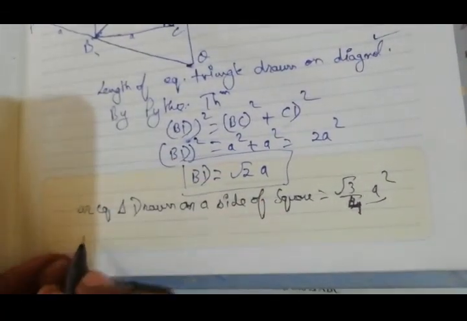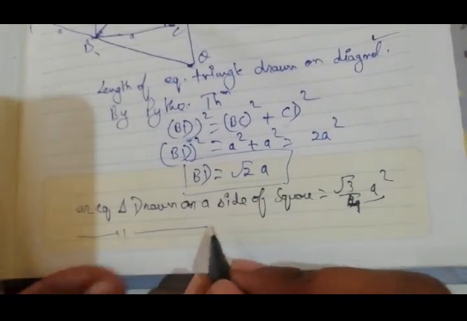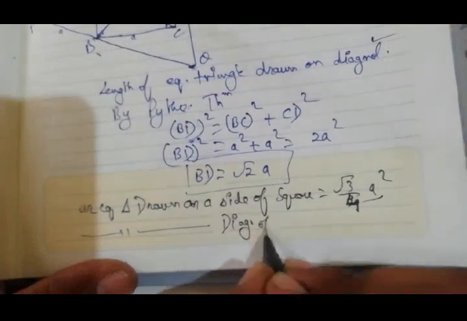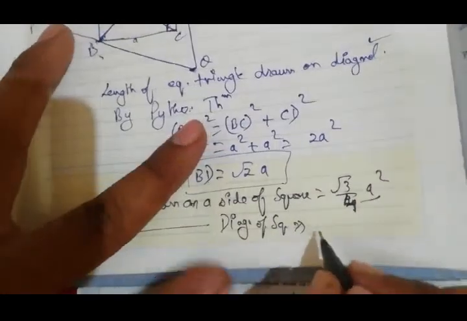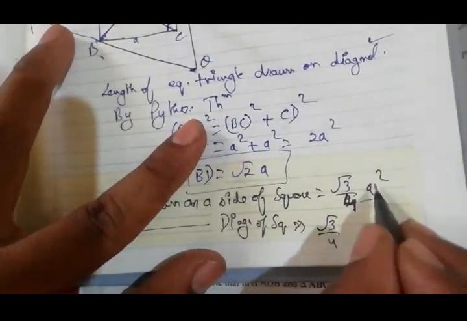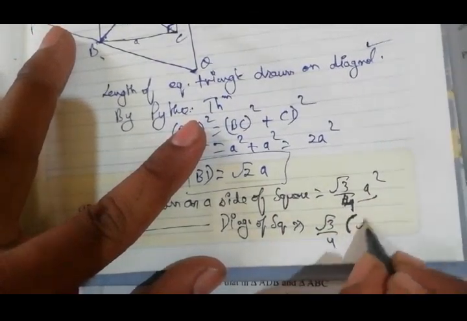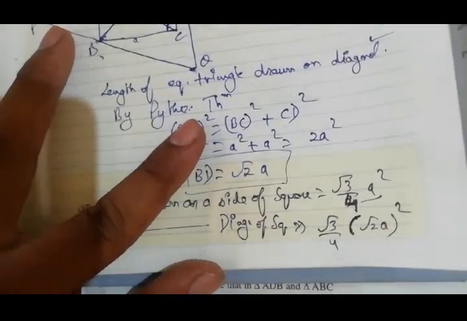Now the area of the equilateral triangle drawn on a diagonal of the square will be root 3 by 4 times the side squared, and the side of this equilateral triangle is root 2 a, so whole squared.